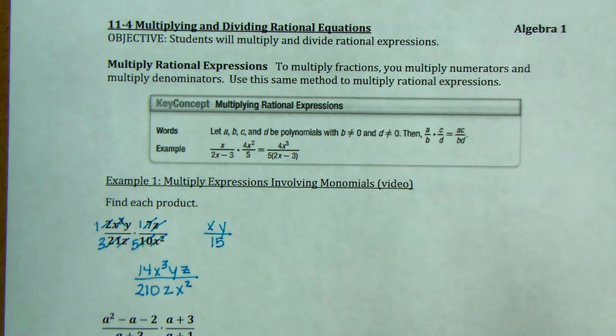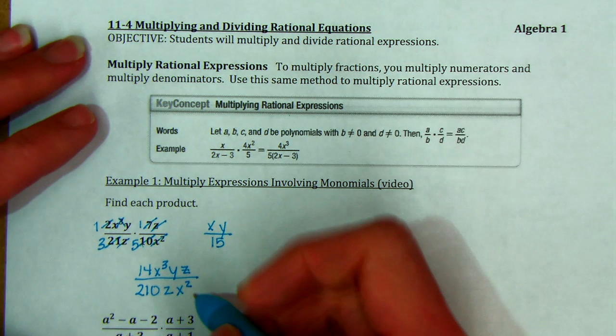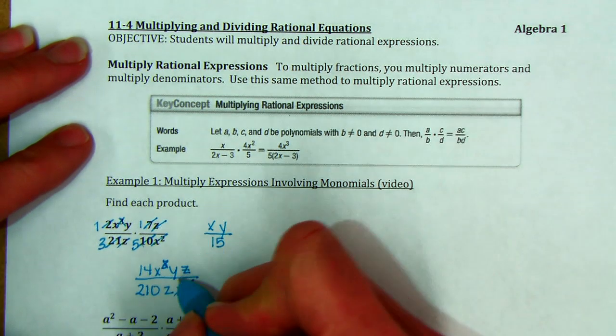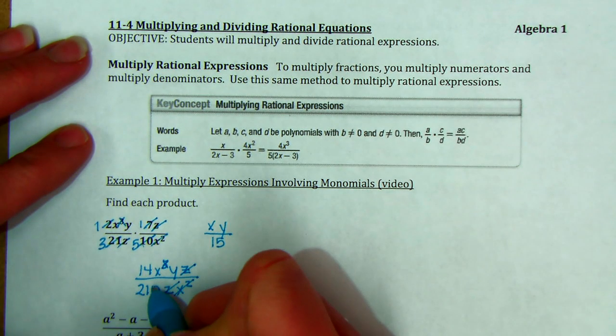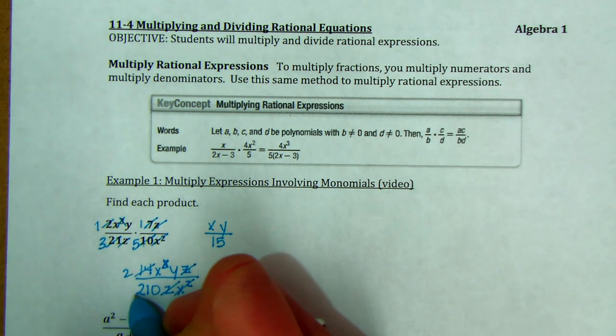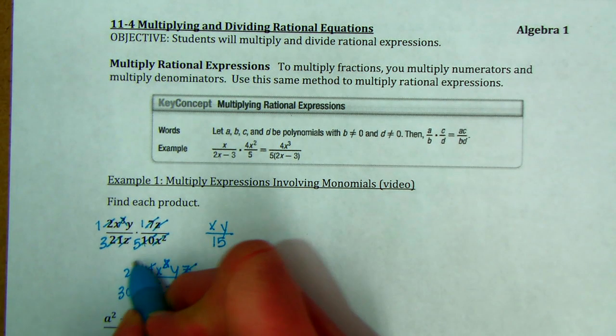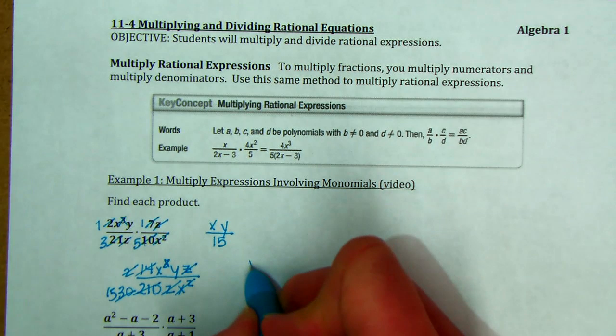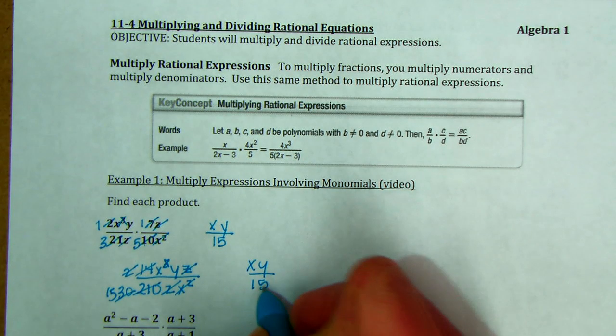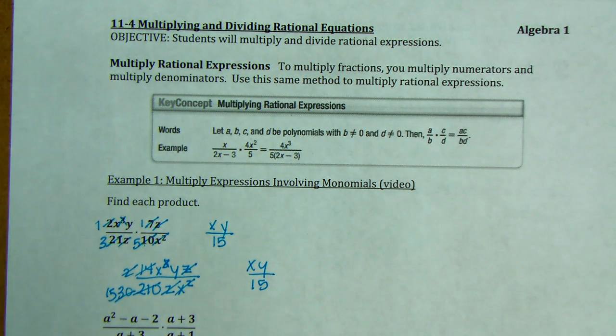And then you could take out the x's, the z's, and then take out a 7, which would make this 2, and this 30. Take out a 2, which would make that 15, and you have x y over 15. Either way, I like my way because it saves me some of those big numbers when I multiply first. But I don't care, it's totally up to you.